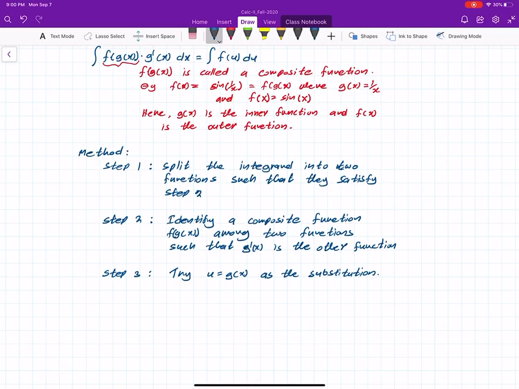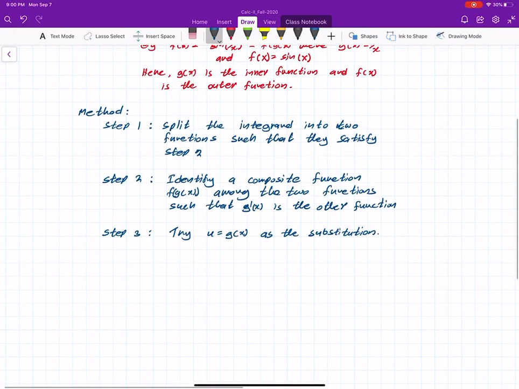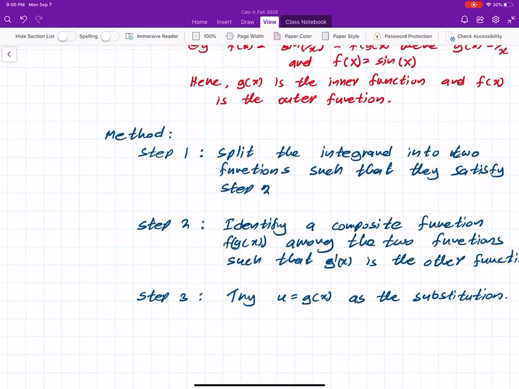Step number 2 says identify a composite function f of g of x among the two functions such that g prime of x is the other function. Try u equals g of x as the substitution. Alright, let's do one problem, then you can understand this very well.